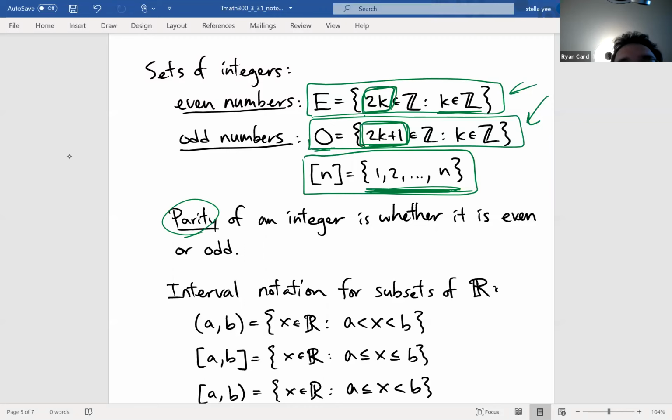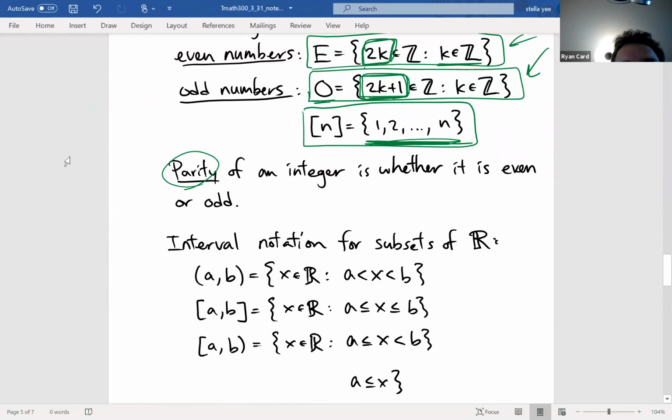If I ask for the parity of an integer, it's asking whether it is an even integer or an odd integer. Some arguments will break down into an even integer case and an odd integer case, so this is a useful terminology to know.